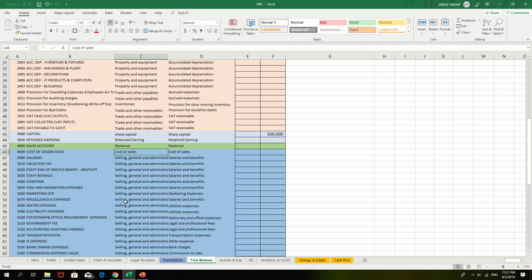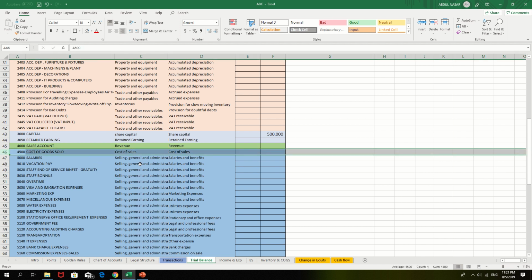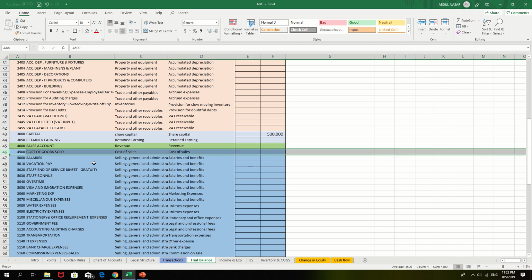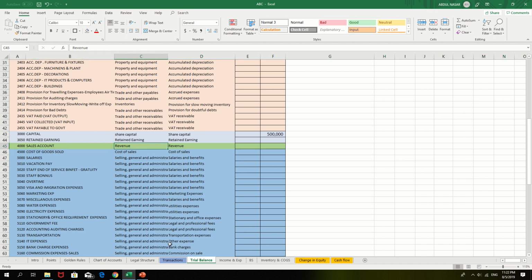If you know what cost of sales is, then better, I don't need to explain it again. Cost of goods sold, cost of sales, will include freight, customs, whatever expenses we have paid to bring the goods into our warehouse or into our company, and whatever expenses we have incurred during that sale.